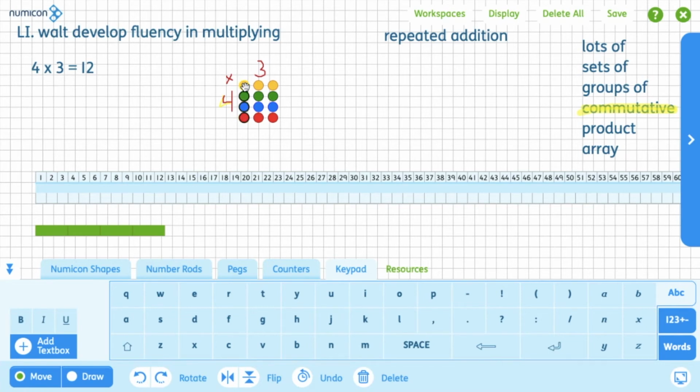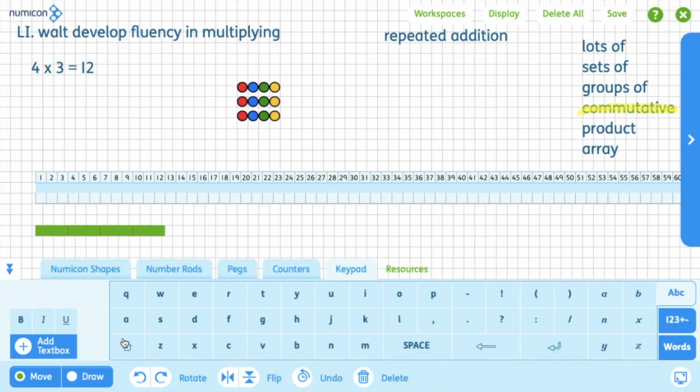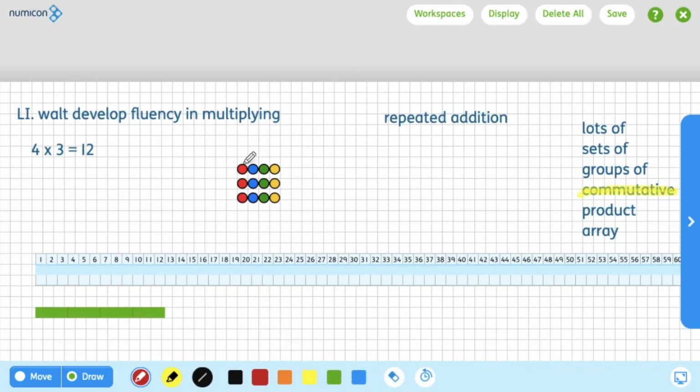But if I wanted to rotate this, so if I highlight my whole array here, and I just give it a quick rotate. Oh dear. Now I don't have 4 times 3. Now I have 3 sets. I've got 1, 2, 3. And I have 4 in each set. 1, 2, 3, 4.